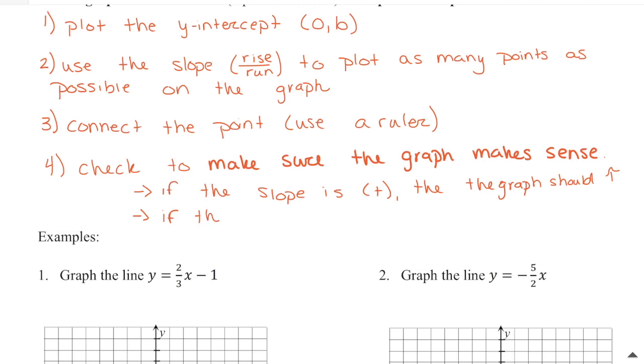And the opposite, if the slope is negative, then the graph should decrease. Okay, this stuff we know.